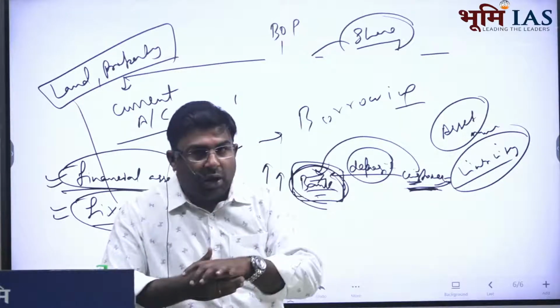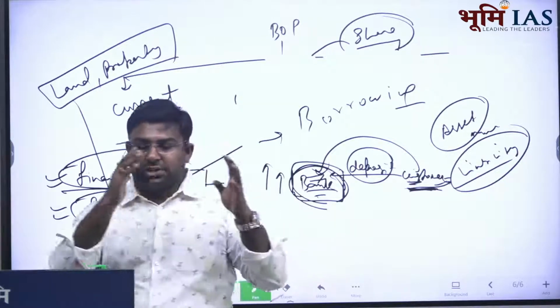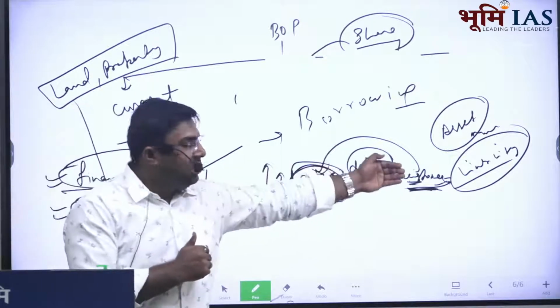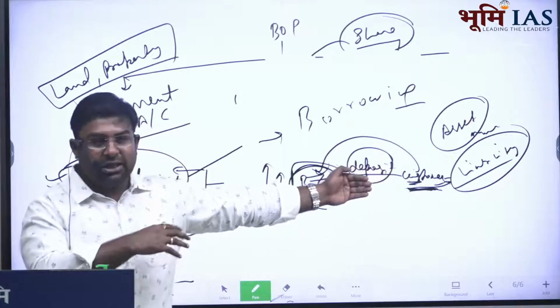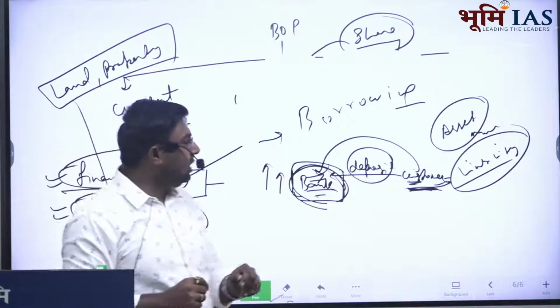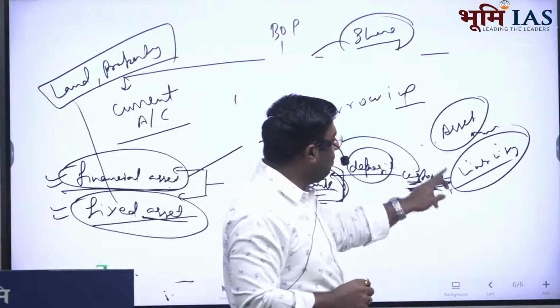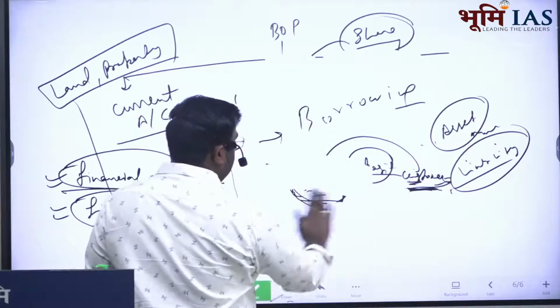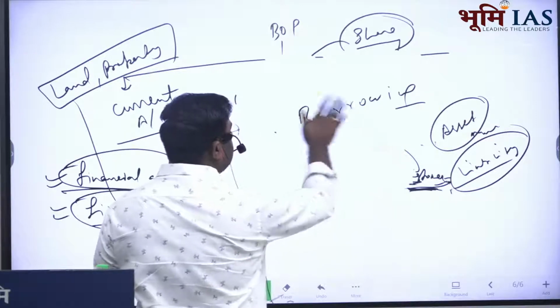Fine? Apart from it, please don't get confused about relating this word liability in different realms. These are two different keywords. I hope it is clear to all of you. Fine? So now let's move on to the concept of the capital account. Please write down the definition.